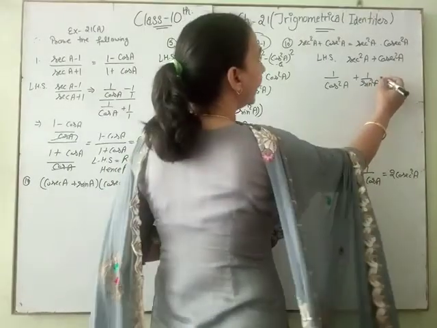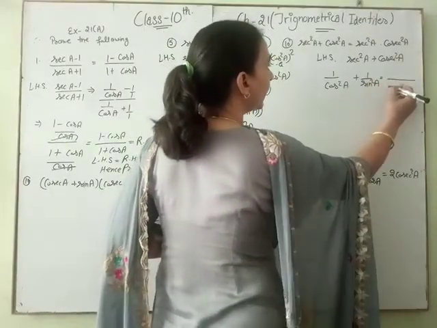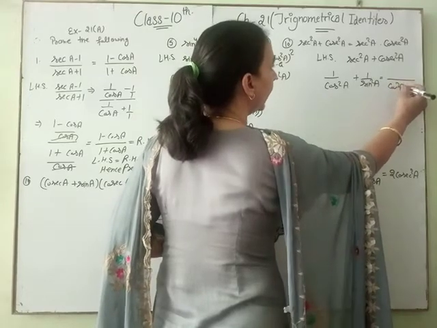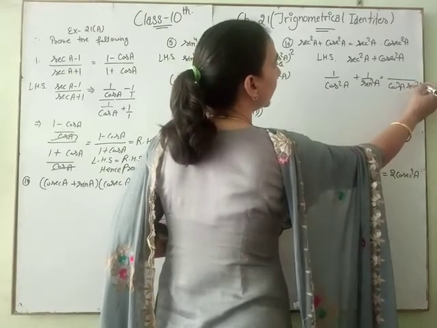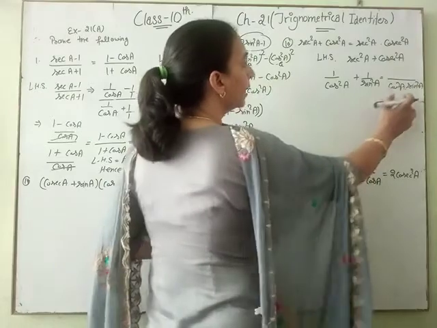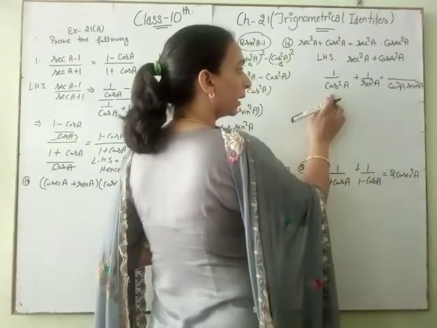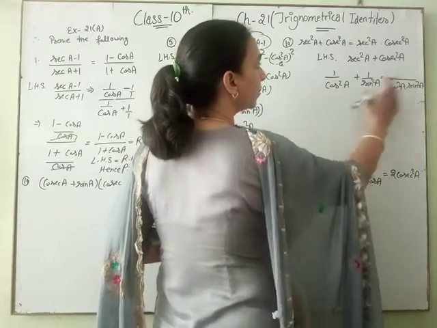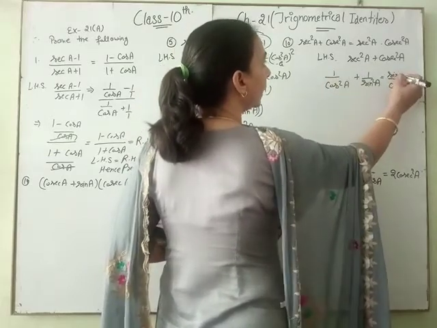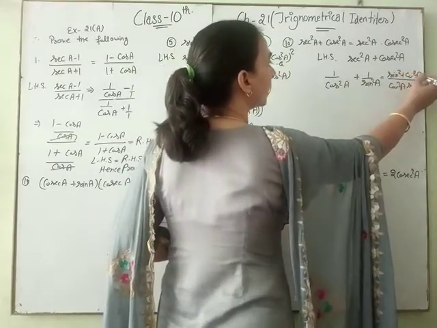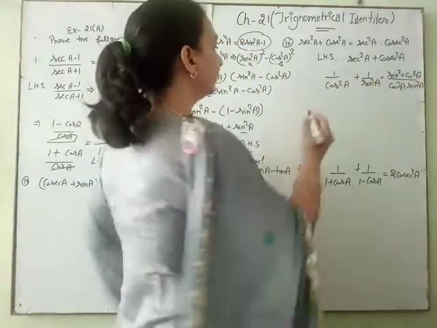And take the LCM. If you take the LCM, then cos square A and sine square A are in multiplication. Divided by cos square A, cos square cancels, only sine square, then there is sine square A and cos square A. And what is this?